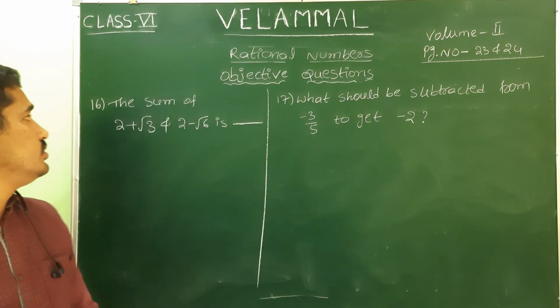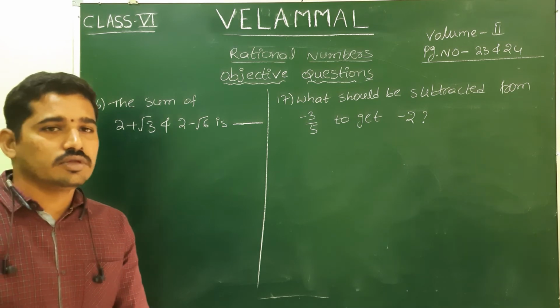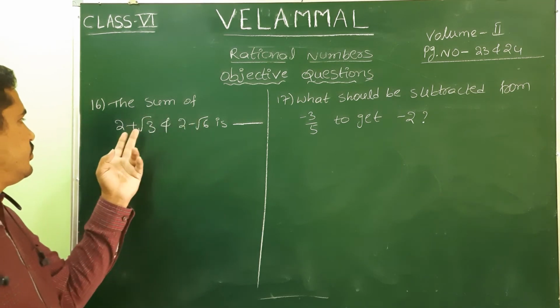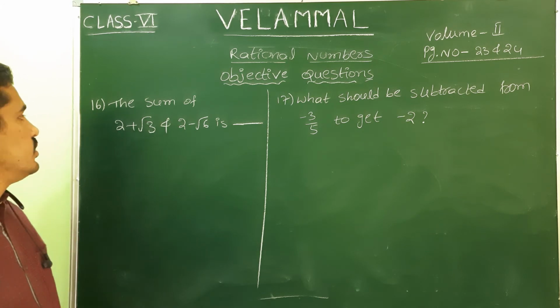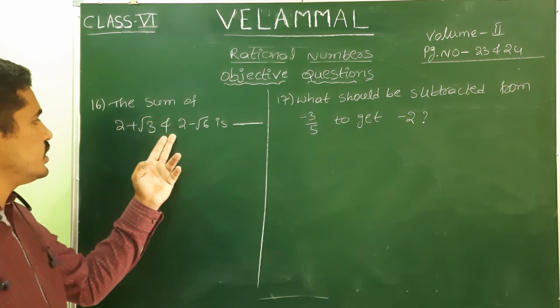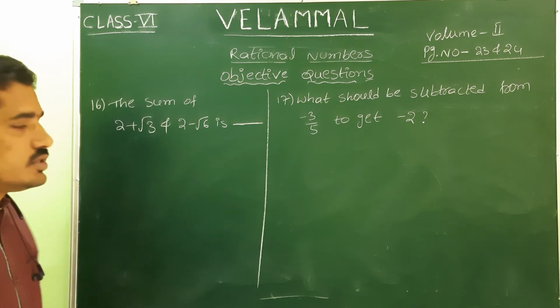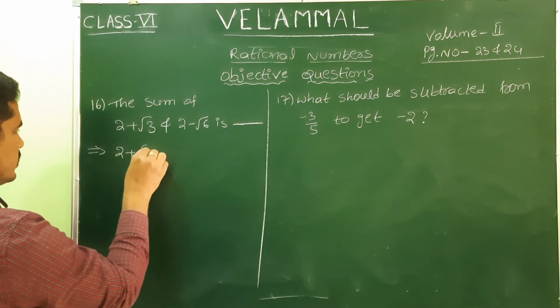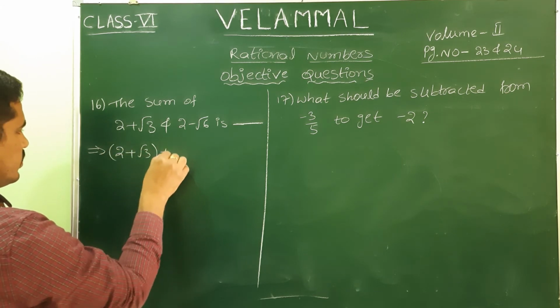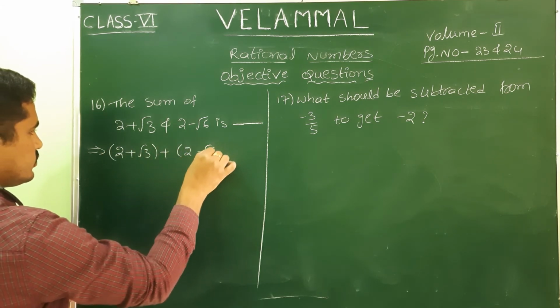Next we have 16th question, that is the sum of 2 plus root 3 and 2 minus root 6 is. Sum of 2 plus root 3 and 2 minus root 6. Sum is asking, so by that 2 plus root 3 plus of 2 minus root 6.